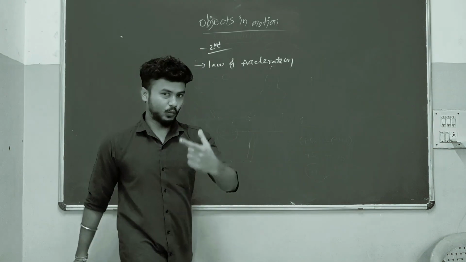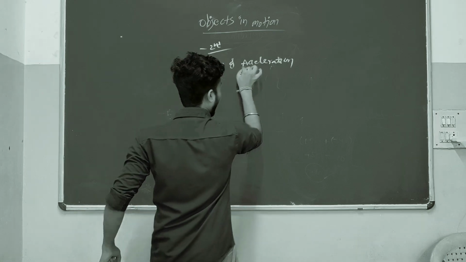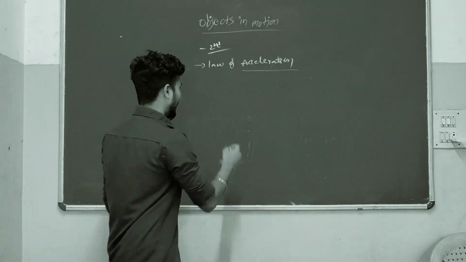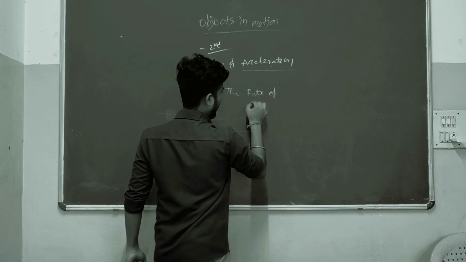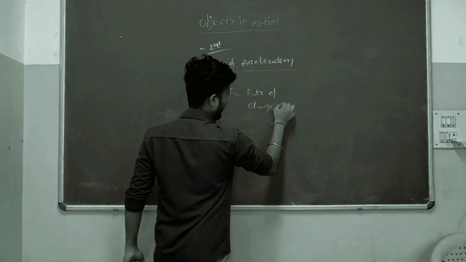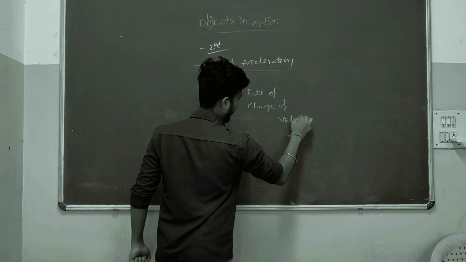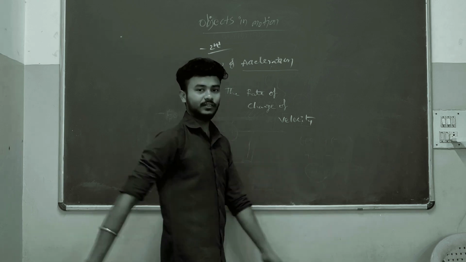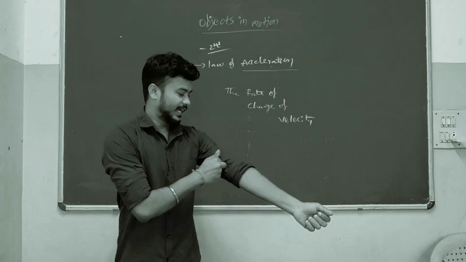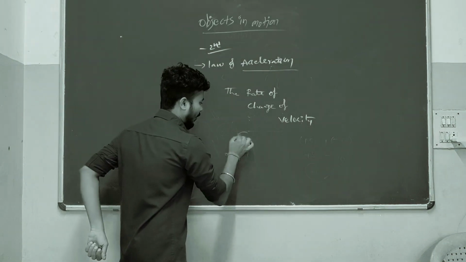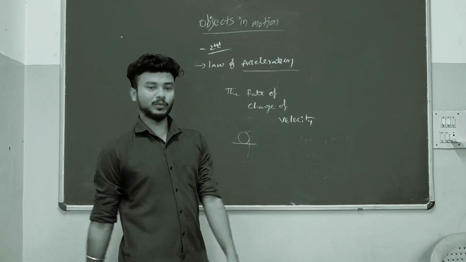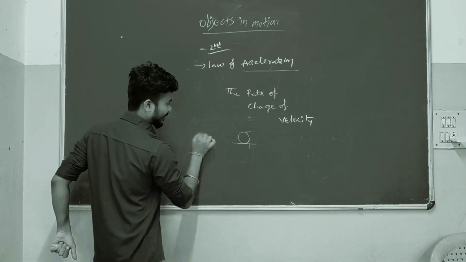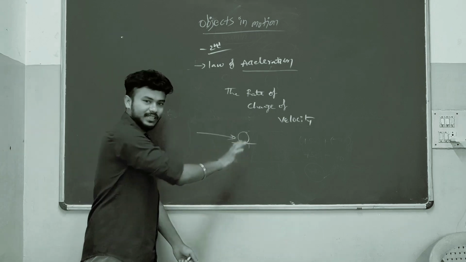Now we have to see what this acceleration is. Acceleration is nothing but the rate of change of velocity. That's it. That is the acceleration. Suppose one object is there, in a stable position, and one external force comes and touches that object.